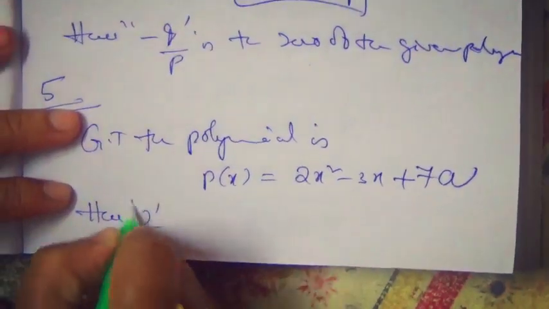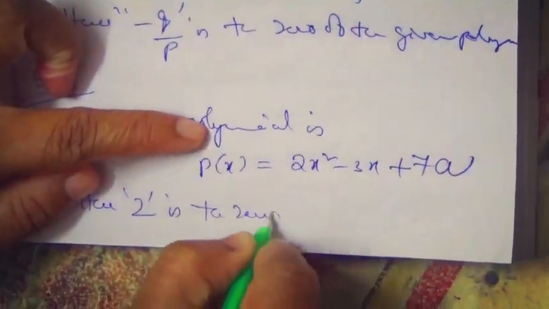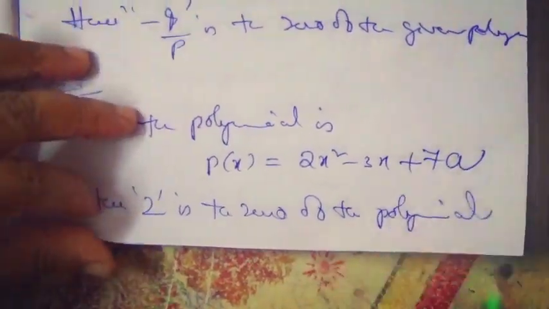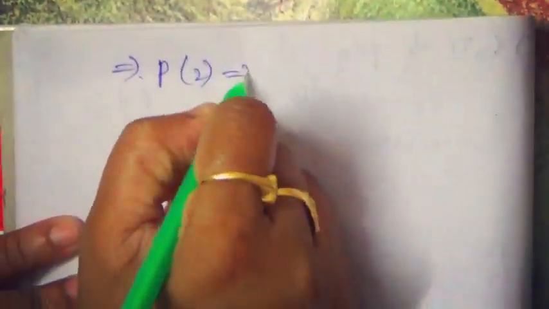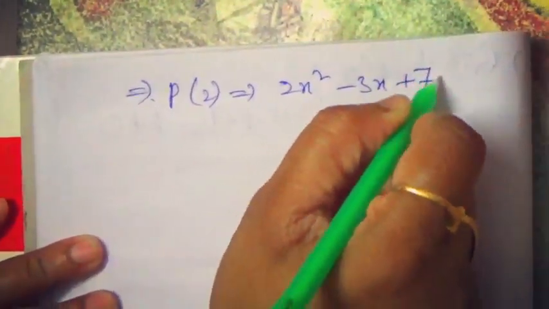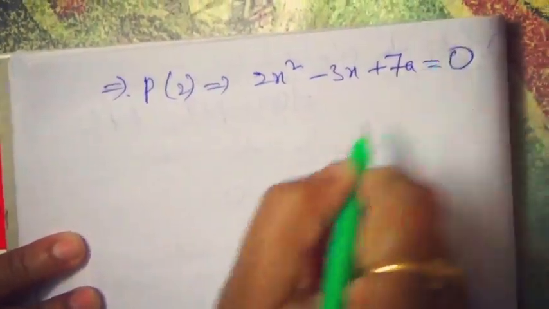Here 2 is the zero of the polynomial. That implies p of 2, that is 2x square minus 3x plus 7a, is equal to 0.